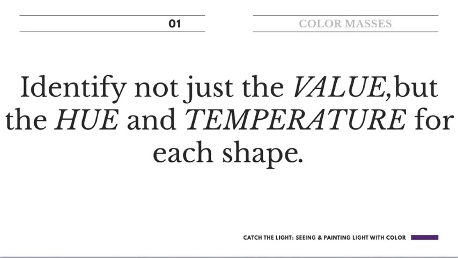Identify not just the value, that's what we focused on in composition, color, and light, but also the hue and the temperature for each of those shapes. That means your first pass at that subject is going to be one where you're scanning for the 5 to 7 main color masses and trying to identify in each of those color masses what the main hue, temperature, and value are for each one.